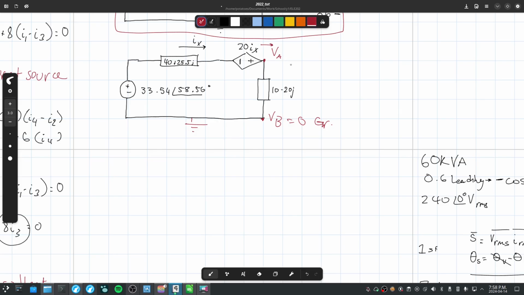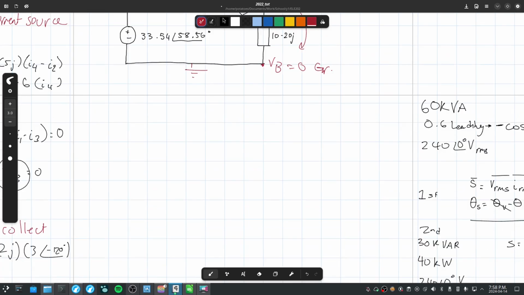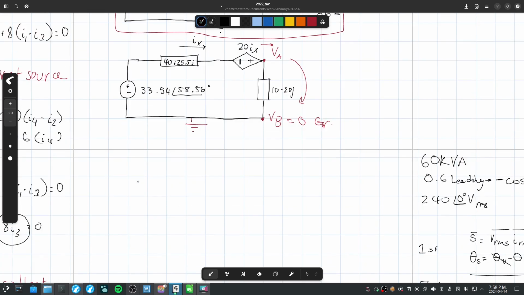There's a current running through here and the current running across. So the current coming up here starts at ground. So that's 0. It comes out the positive end of our voltage source. So that's 33.54. How do you use Cramer's rule for 1 by 1? The answer is given.